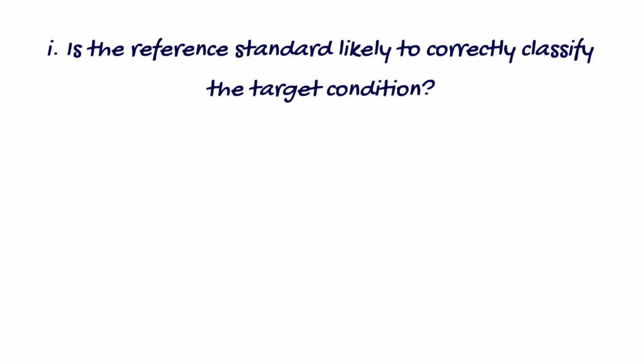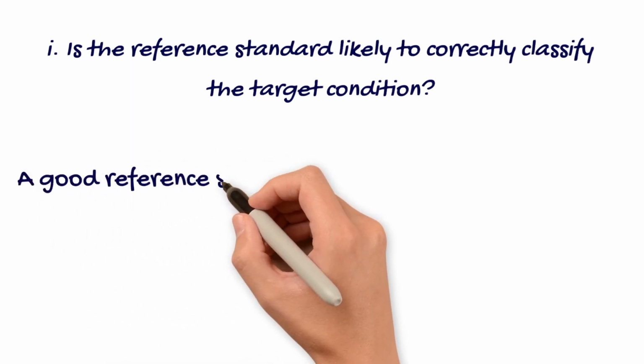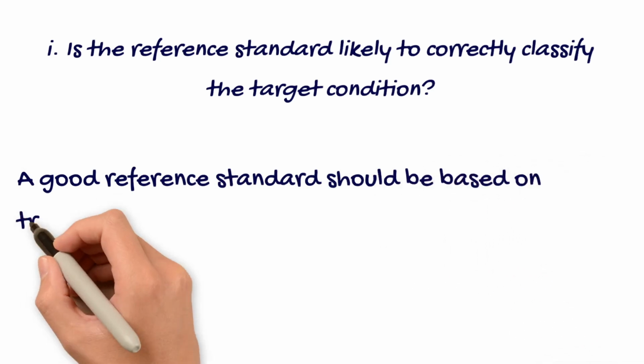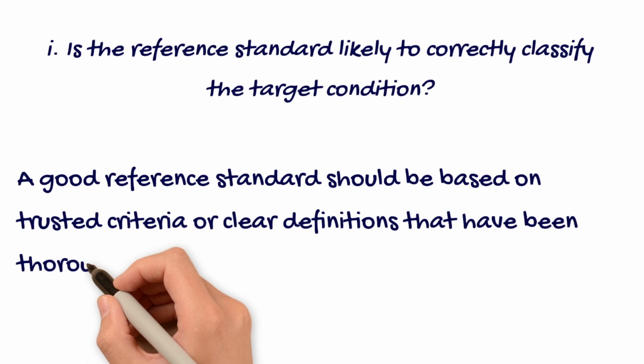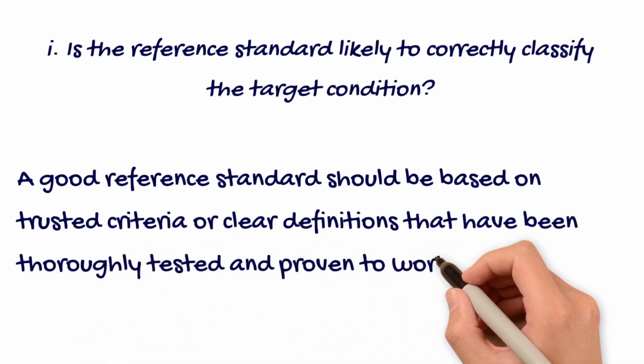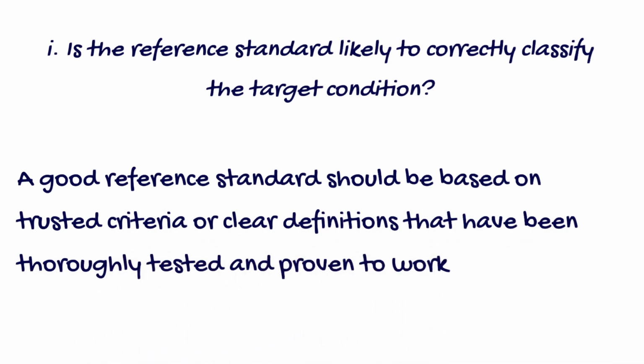False positives or false negatives in the reference standard can make the index test's accuracy look better or worse than it really is. That is why it is important to check if the reference standard is good at correctly identifying the condition. A good reference standard should be based on trusted criteria or clear definitions that have been thoroughly tested or proven to work.